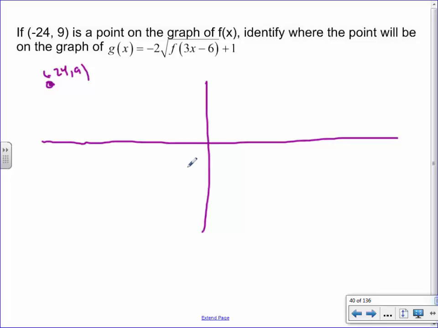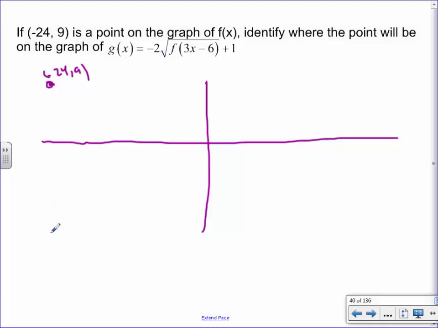Let's talk through all the transformations we'd have to do. What's this negative 2 going to do? It would flip it and make it twice as tall.